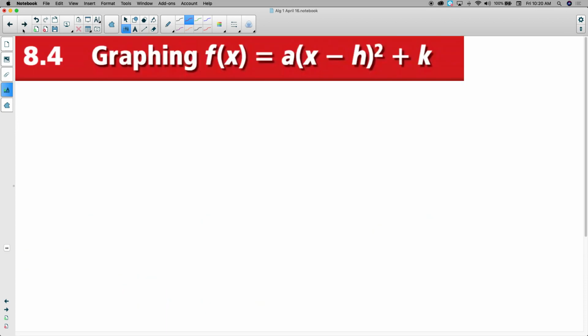Okay, so then the topic is going to be similar in the sense that we're still going to be playing around with quadratic functions. We're still going to be playing around with the parabola, but the format of the quadratic function is going to change quite a little bit. Because it's a quadratic function, it's still going to have an x squared, but it's not going to be written in the form ax squared plus bx plus c.